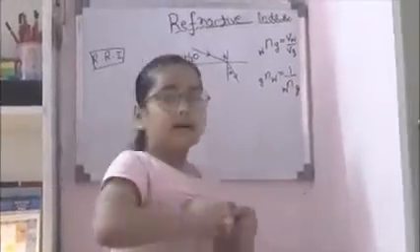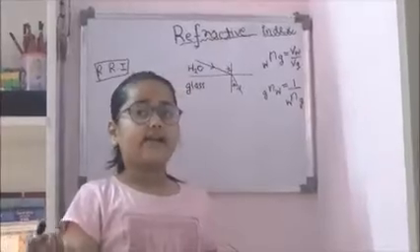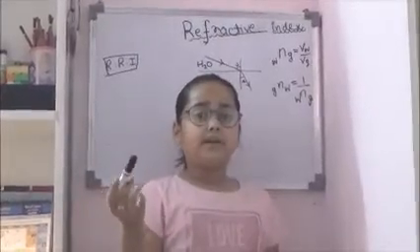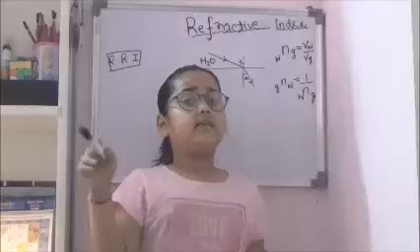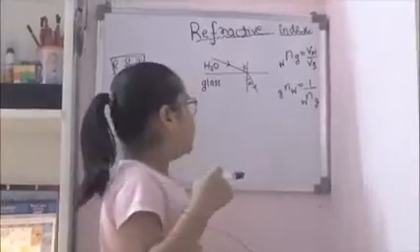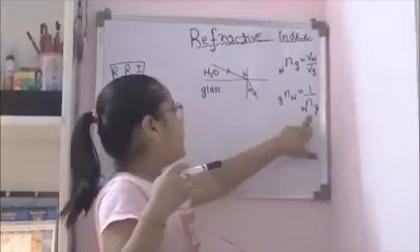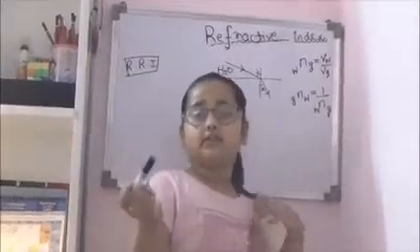That is, the refractive index of a light ray traveling from medium 1 to medium 2 is the reciprocal of the refractive index of a light ray traveling from medium 2 to medium 1.